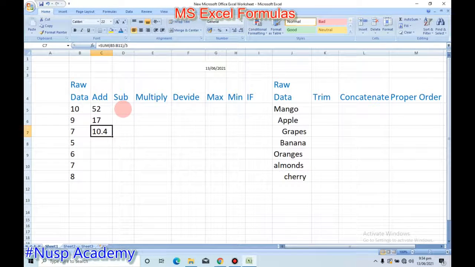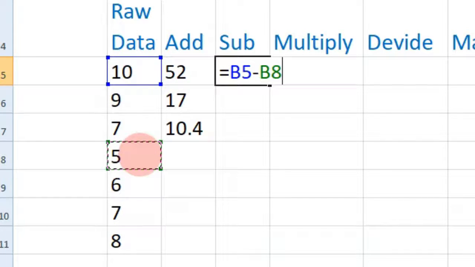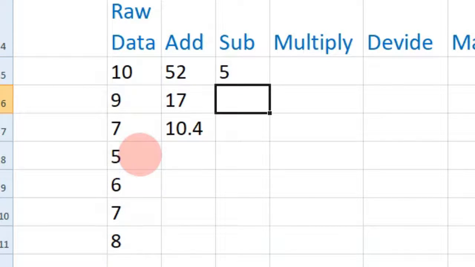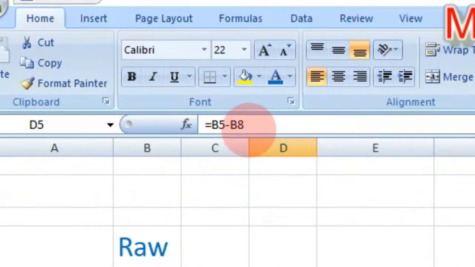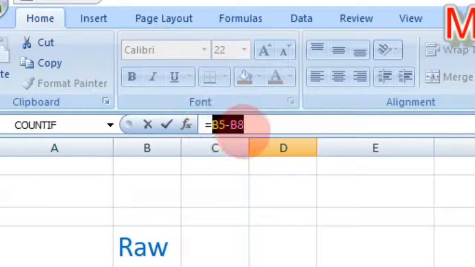Let's see how we subtract. To subtract, press equal to, select the cell, minus the next cell, press enter. So to subtract, we only used numbers.